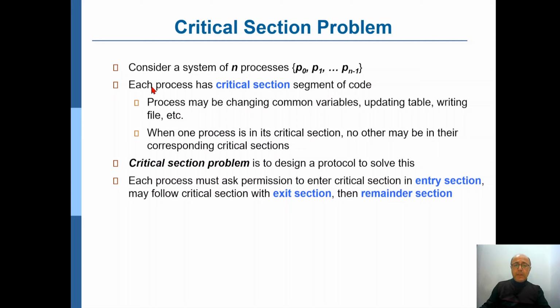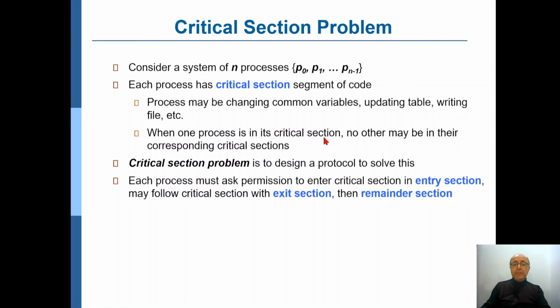Anyway, we are assuming that each of these processes has a critical section, and the processes may be changing shared state in its critical section. They could be changing some common variables, updating tables, writing to files, to pipes, whatever, or doing inter-process communications.